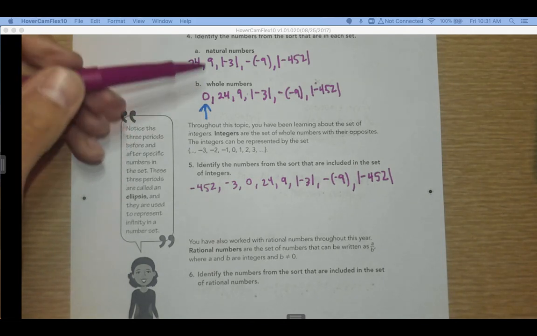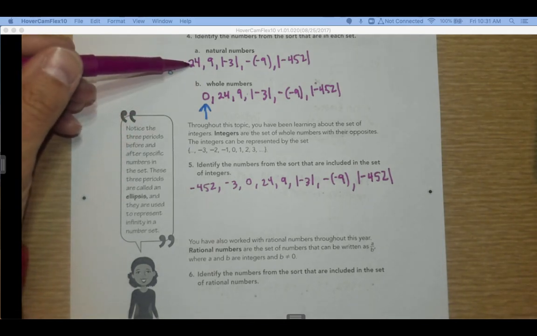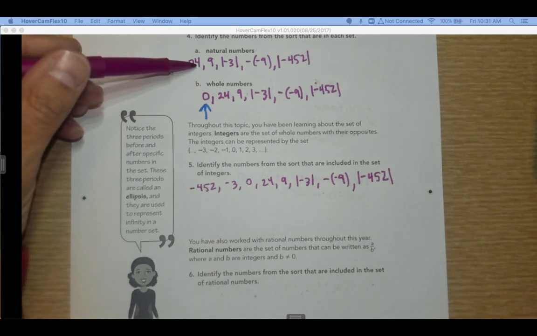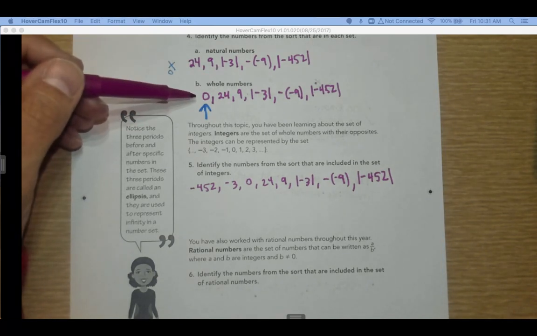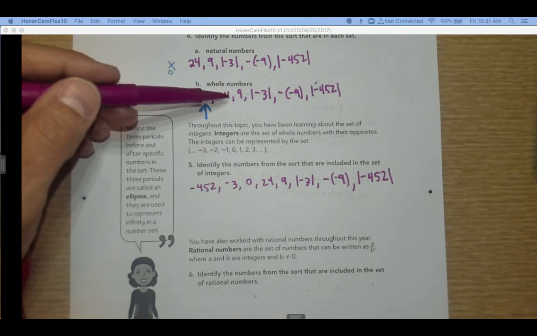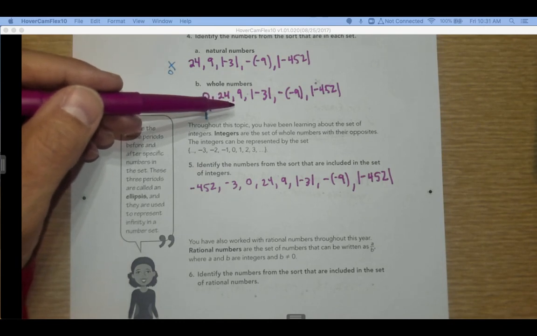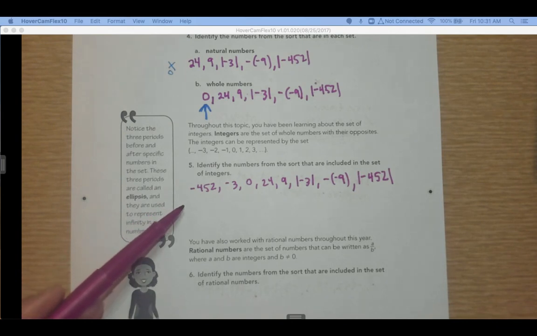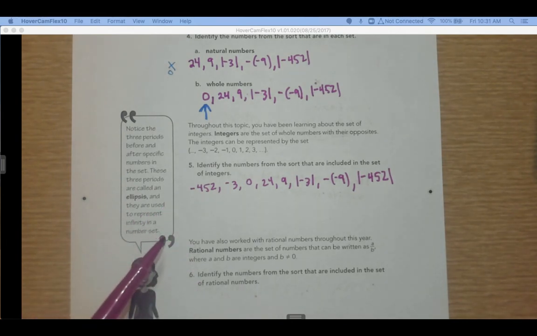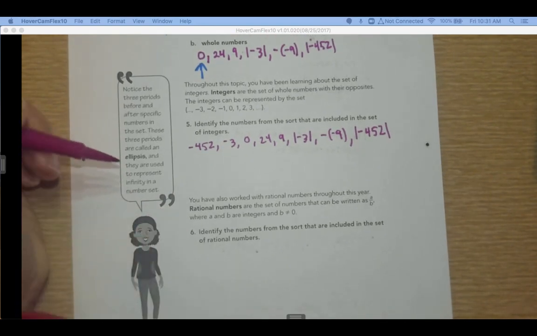Okay, so this one includes just positive whole numbers, or just positive numbers that are not fractions or decimals. The whole numbers includes all of the positive numbers that are not decimals or fractions and 0. Integers include negative and positive whole numbers, or numbers that are not fractions or decimals, including 0.